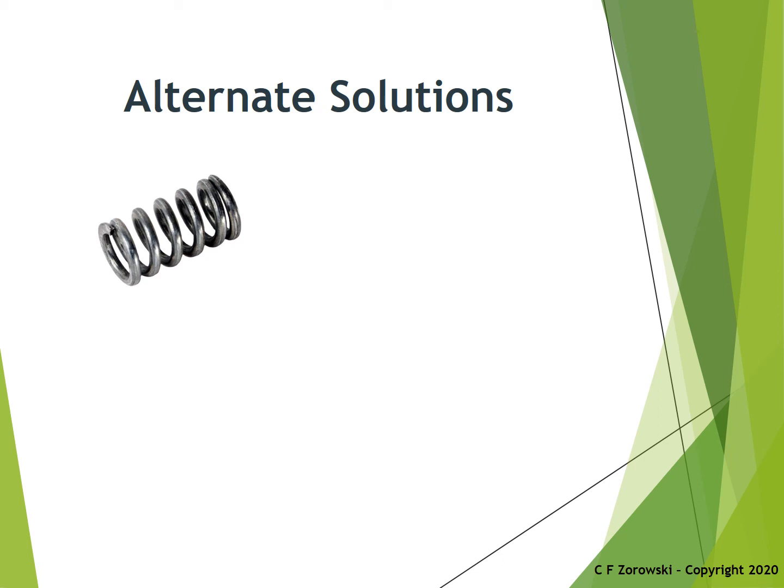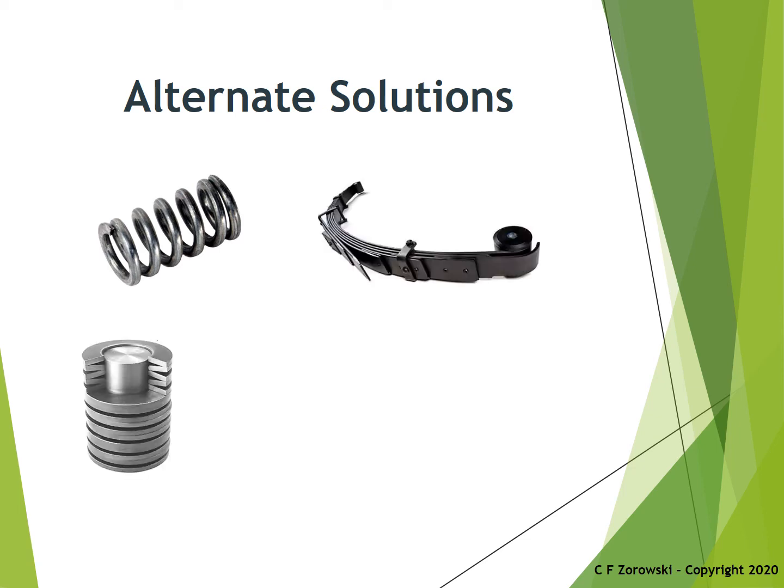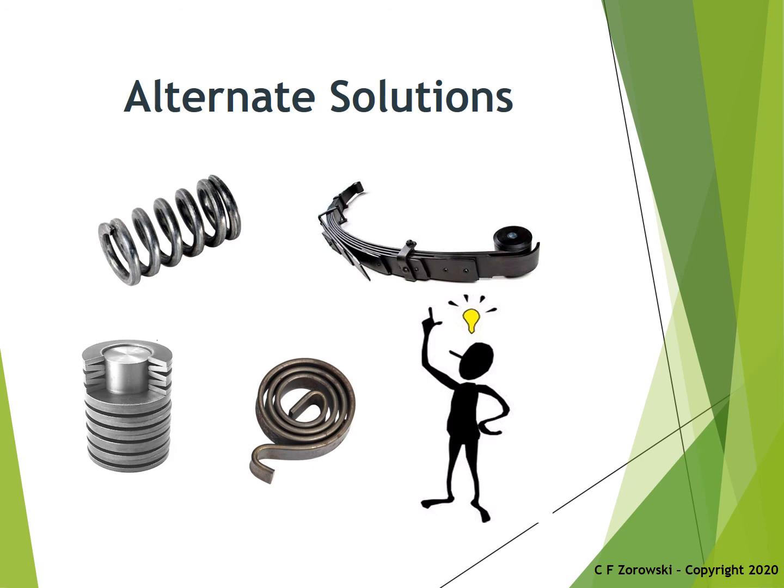However, there are other devices that can also provide a similar functional behavior. These might include a leaf spring, a stack of Belleville washers, or a spiral spring. Depending on the circumstances of the problem, the solution may require creating a device that doesn't yet exist.